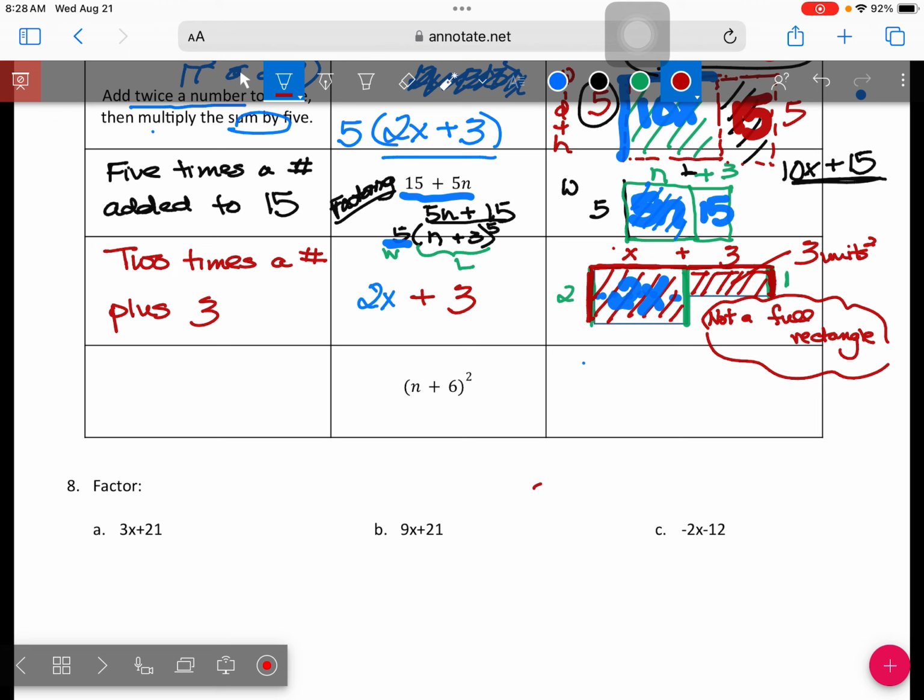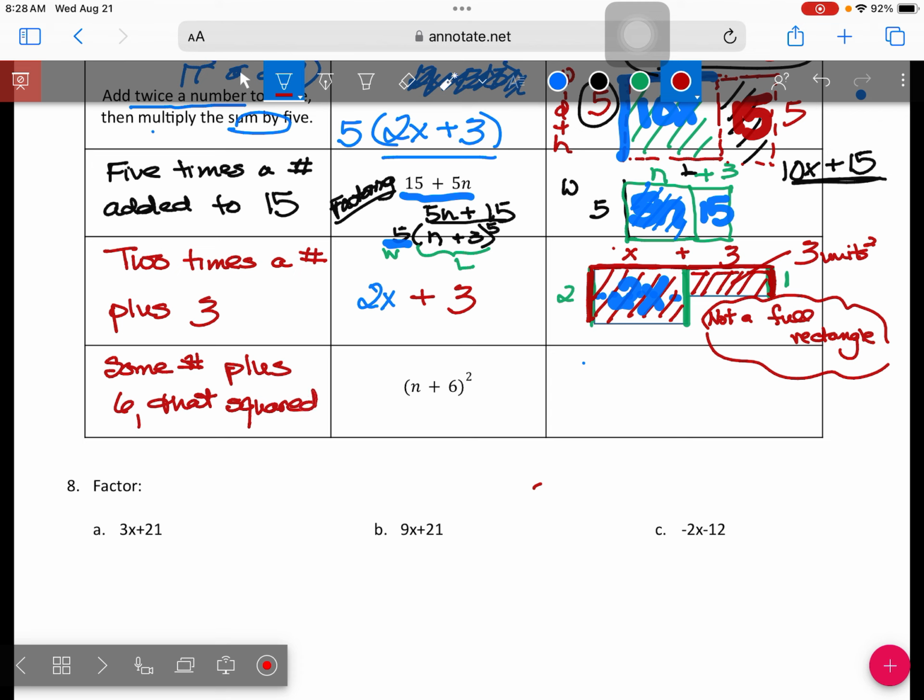You could say, well, some number plus 6, comma, and the comma sometimes can be a big help. Then take that squared. Something like that.